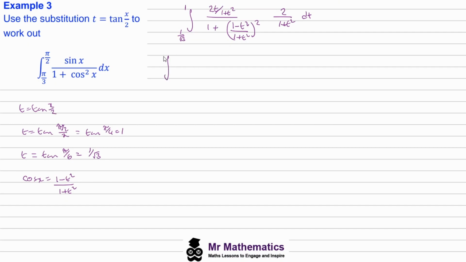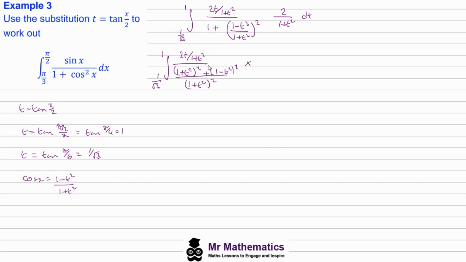So we'll have the integral of 1 over 1 plus root 3 of 2t over 1 plus t squared, all over 1 plus t squared all squared plus 1 minus t squared all squared over 1 plus t squared all squared.